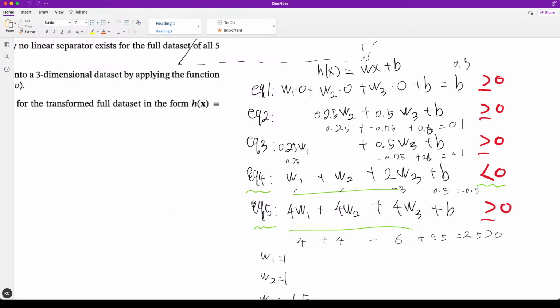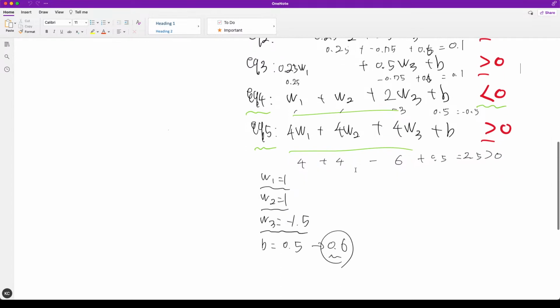So now it's finished. We can select W1 as 1, W2 as 1, W3 as minus 1.5, and bias as 0.6. So it is finished after just one attempt, right?